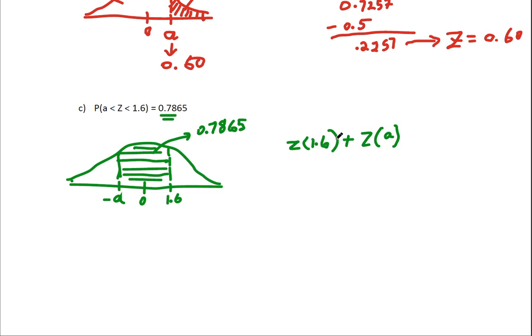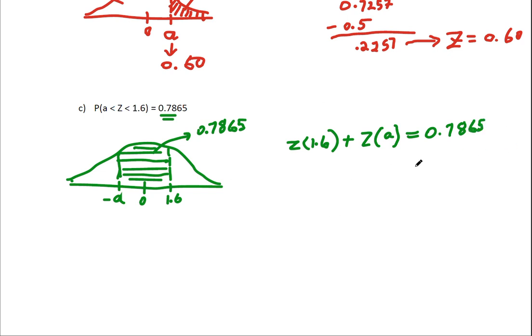In other words, when I take the z-table reading from the half table for 1.6 and the z-table reading for A, the positive number associated with A here, it should give me the probability that we're given here of 0.7865.